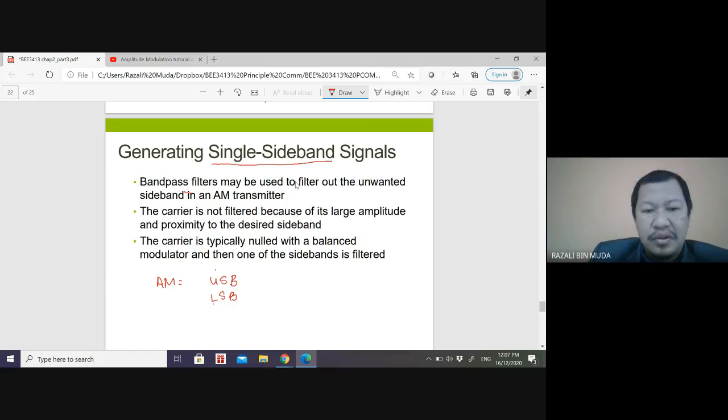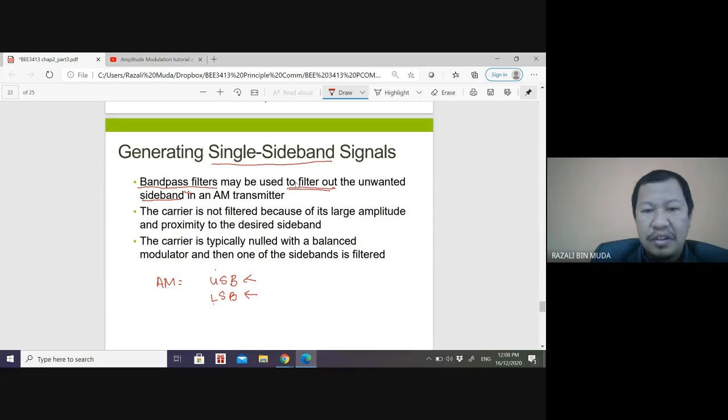So for modulation that produces a single sideband, you need to remove one of these. Either you remove the upper sideband or you remove the lower sideband. So a band pass filter may be used to remove the unwanted sideband in an AM transmitter.